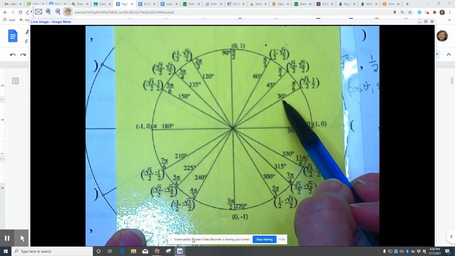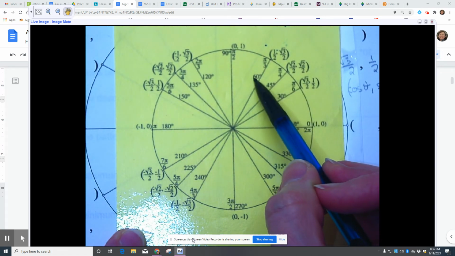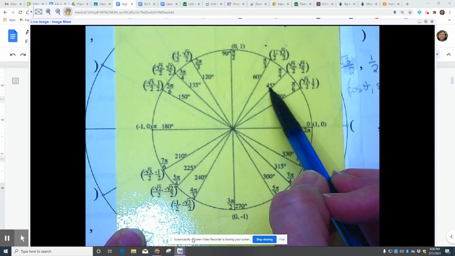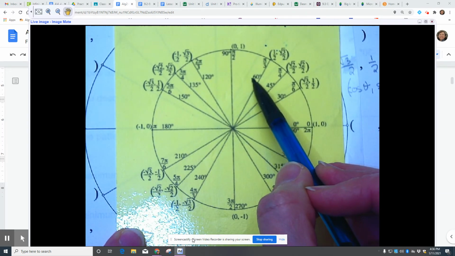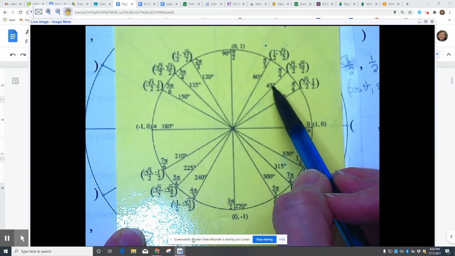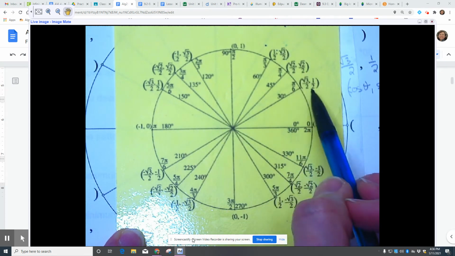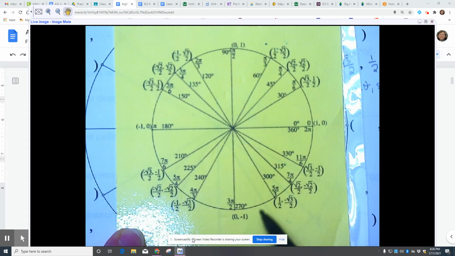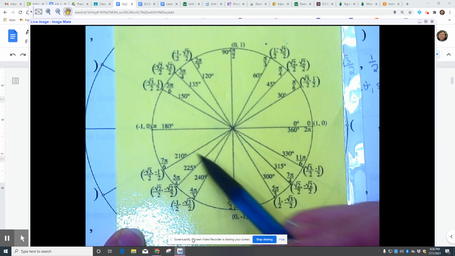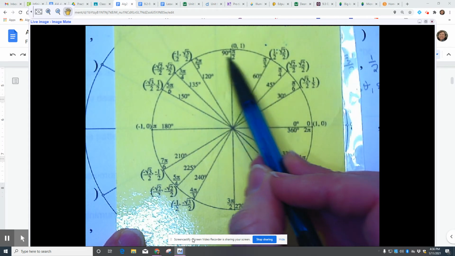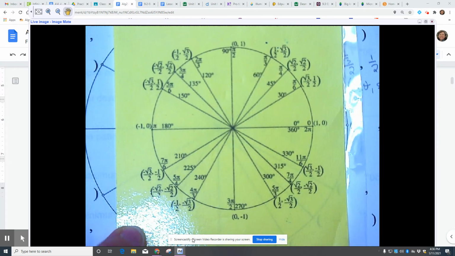So you'll notice 30 degrees, 60 degrees, 45. These are angles that all came from those special right triangles, a 30, 60, 90 special right triangle and a 45, 45, 90 triangle. So these are my coordinate points for all of these different angles, and we have them written in degrees and radians.